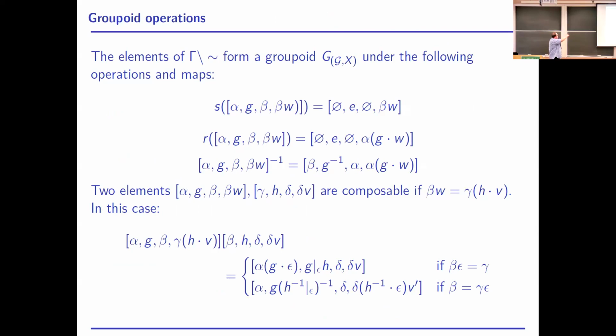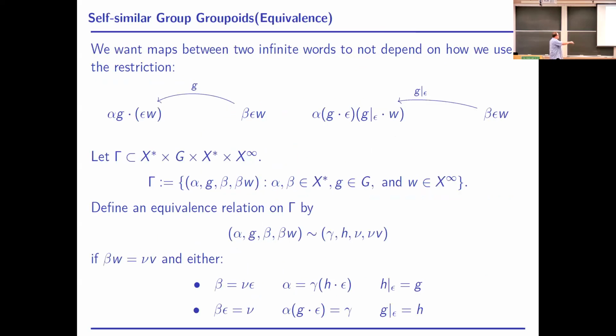So the elements under this equivalence relation form a groupoid, and there's a lot going on here. So I just like to draw attention to some particular bits. The source of an element of the groupoid is just going to be the infinite word. So as you might expect, we want the source of this groupoid element to be this thing over here, and then the range also to be this thing over here.